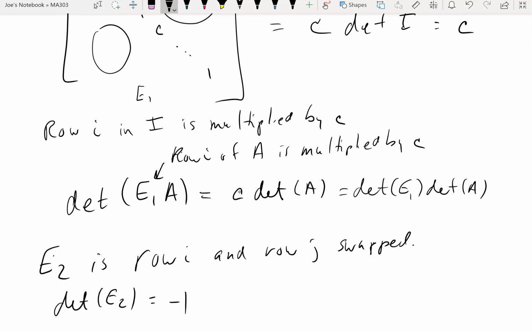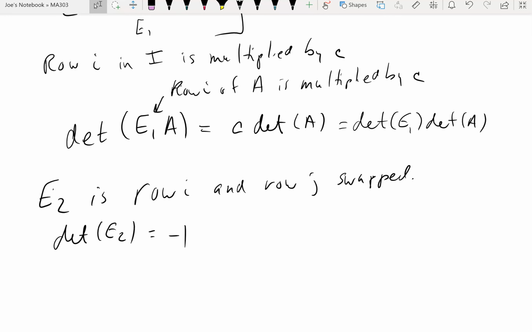All right. So what does the multiplication then do to the determinant? Again, if I take E2 times A, what does the result give me? The row swap for A, right? And when we do a row swap, what does it do to the determinant?